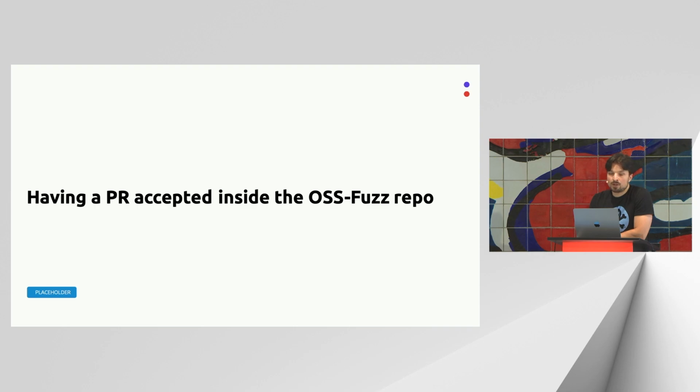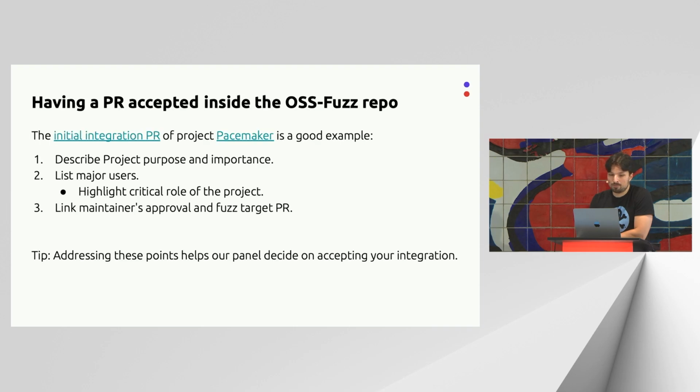After having these harnesses stored somewhere, you should PR the project files that we have created inside the OSS-Fuzz repository. And Dongge, do you want to describe Pacemaker, which is a good example for a PR? Oh, sure.